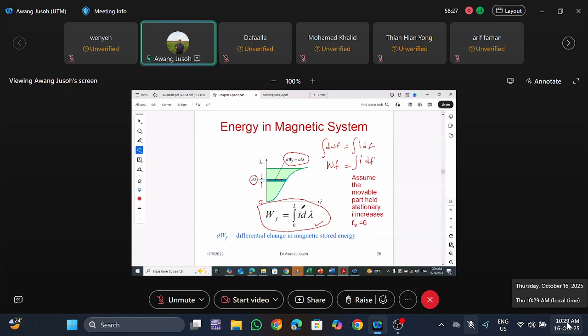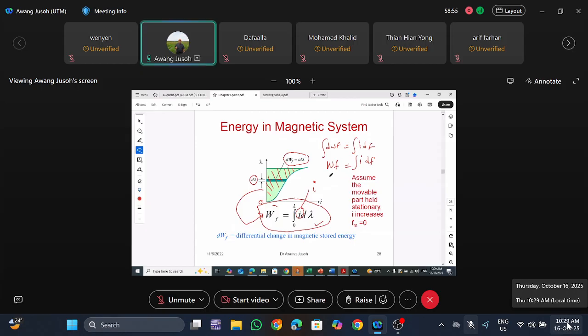Later on we know the equation for the current, what the current looks like. We just substitute there and integrate with respect to lambda. We can find the energy stored in the magnetic field. This represents the total, the whole shaded area, represented by this formula. In order to find the total energy stored, you need to integrate I d lambda.